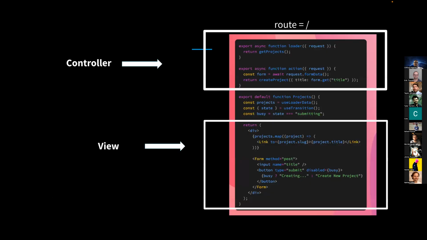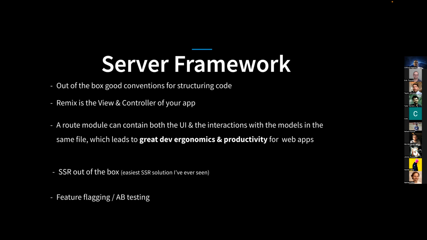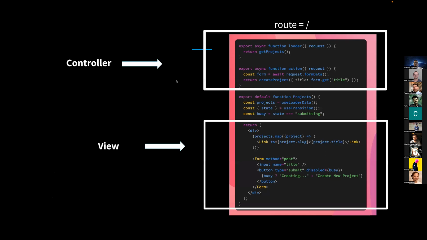On the last slide, I talked about how a route module contains the UI and the interactions with the models on the server. I imagine lots of you have seen this image on the home page, and this is just a single file. We can imagine it's just the root index.html, but there's a lot of awesome stuff happening here. This loader gets called on the server.